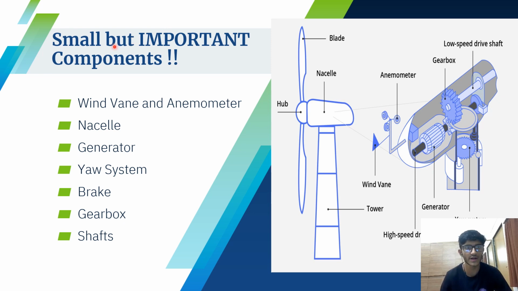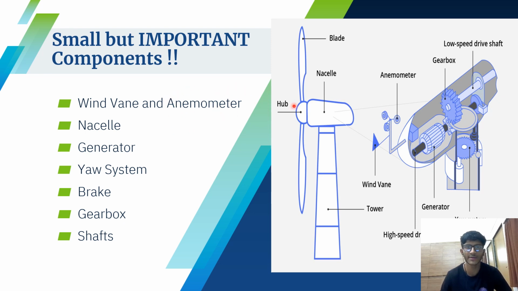We have looked into the major components of the wind turbines. Now we'll look at the small but really important components of a wind turbine. First of all, the wind vane. The wind vane measures wind direction. This is a wind vane in the diagram. It measures wind direction and communicates with the yaw drive. There is a yaw drive here. So it communicates with the yaw drive to orient the turbine properly with respect to the wind.